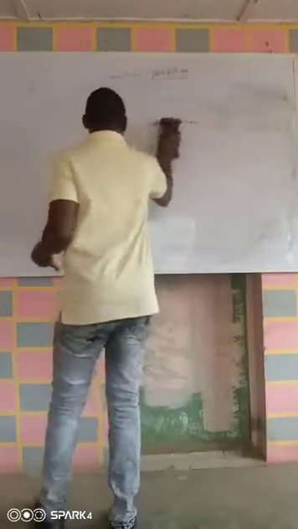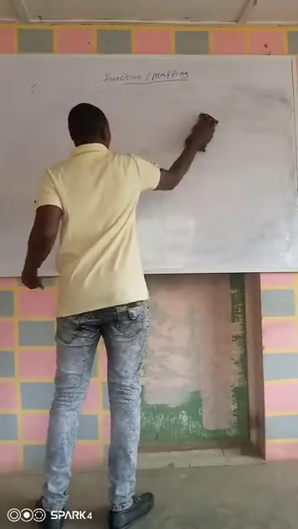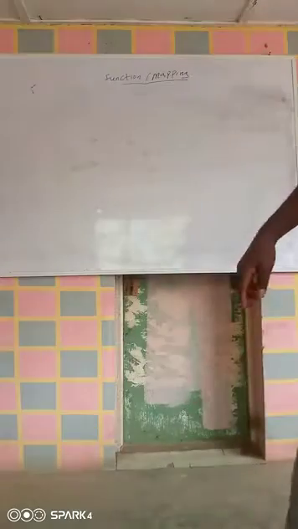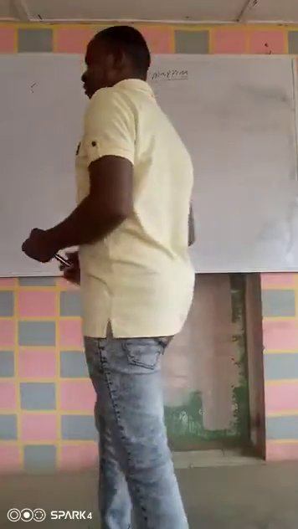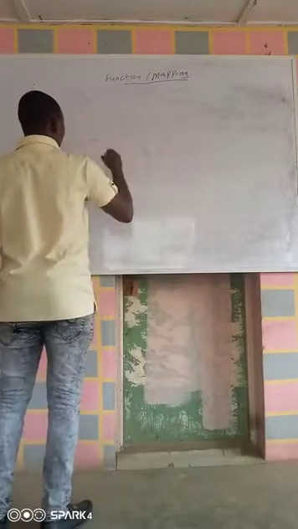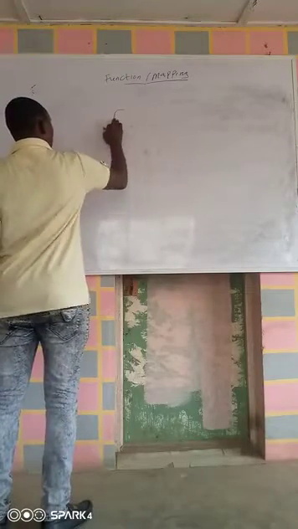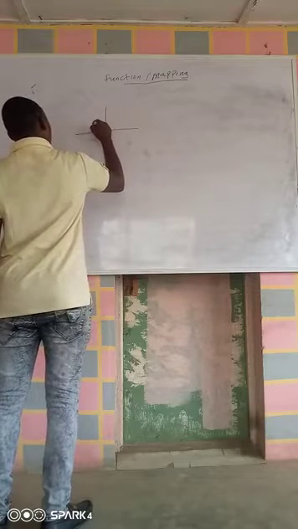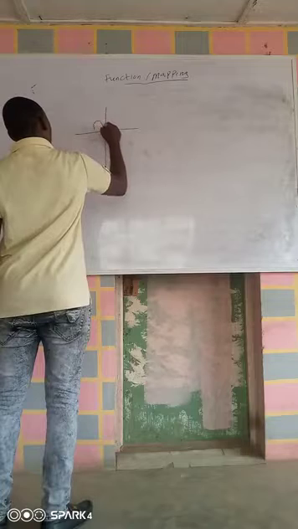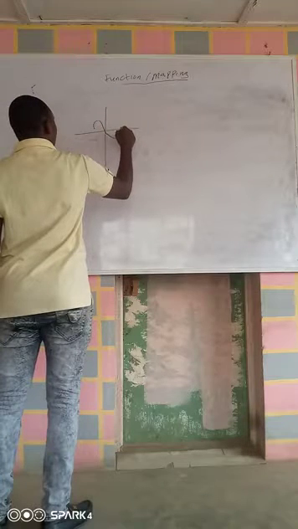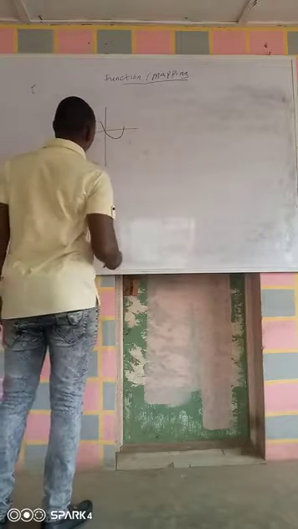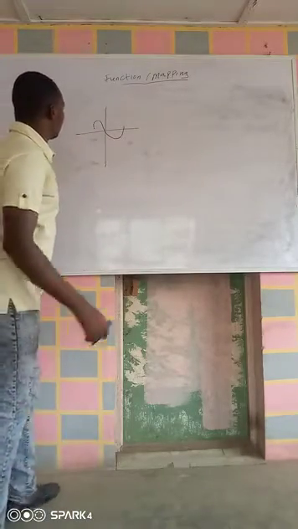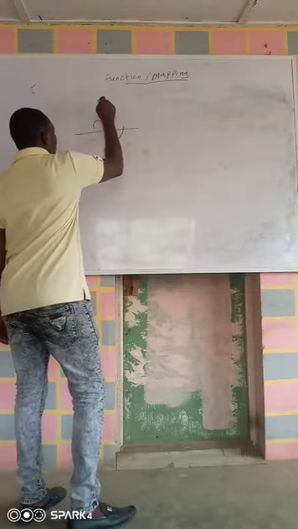For the neither function graph, it will not be that of even or that of odd. So we can have it in this form, or in different forms, but it will not just be even or odd.